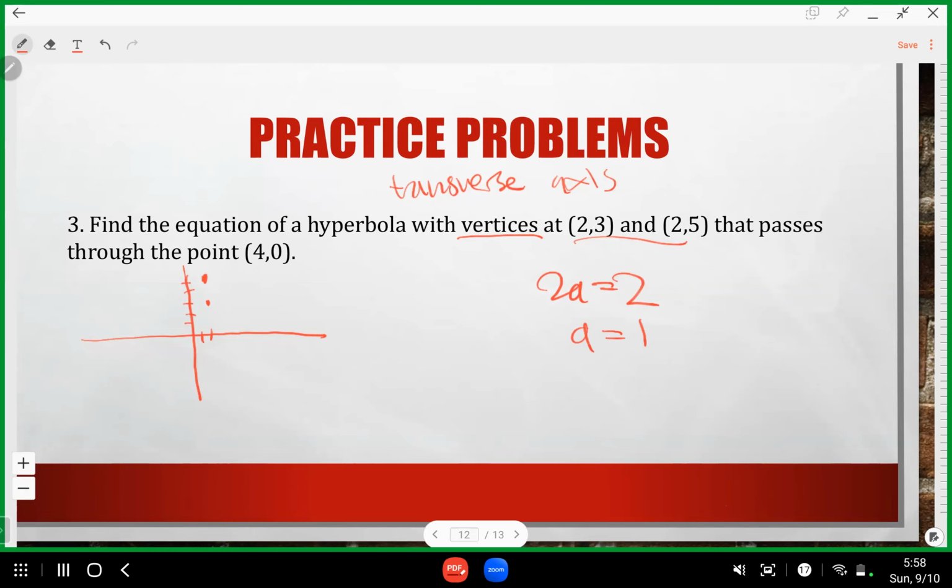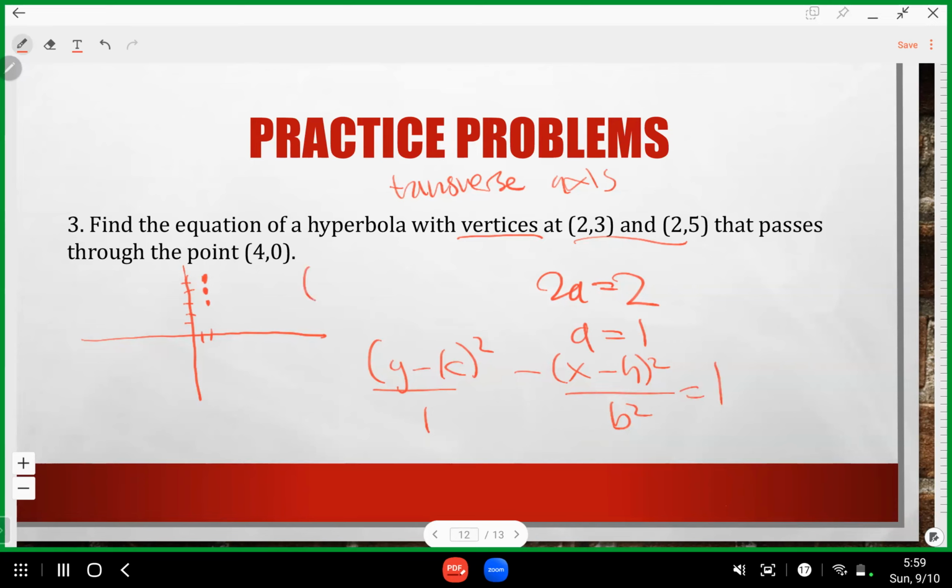So the equation is y squared over a squared minus x squared over b squared is equal to 1. And we know a squared is equal to 1, right? So now we just need to find the center, which is easy to do. What is this?